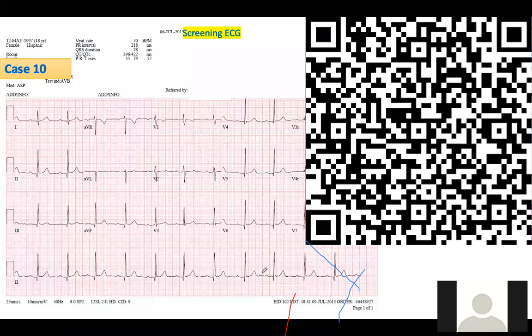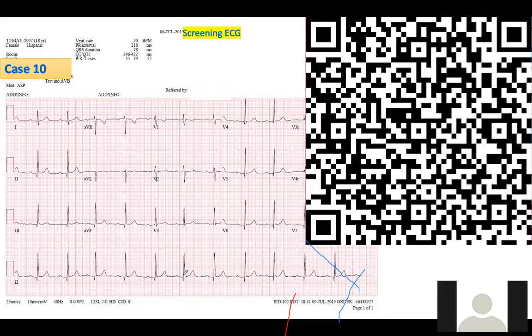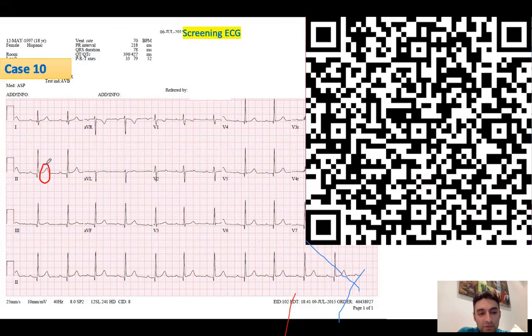But 6 people answered 2-to-1 conduction. Someone tried to defend the answer. Maybe I'm not seeing something, maybe they got confused by the P in the middle. You can speak up, don't worry, whoever said 2-to-1. This T wave looks very clean to me.